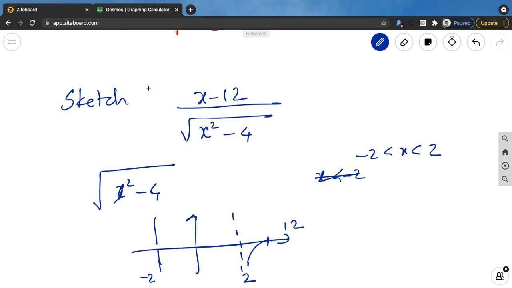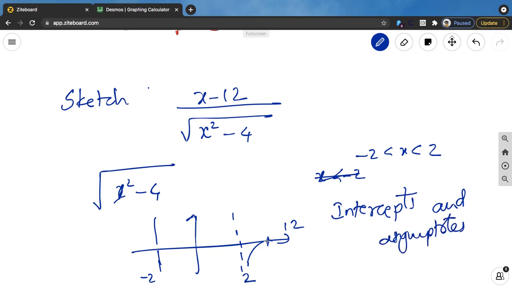So here the question was not actually to sketch the whole thing without the calculator. It was more to write down the intercepts and the asymptotes. So like we identified, the intercept is at x equal to 12, where y is 0. The vertical asymptotes are at plus 2 and minus 2.